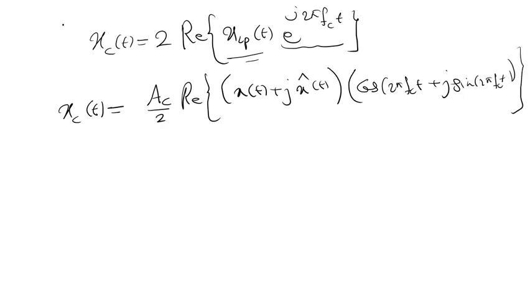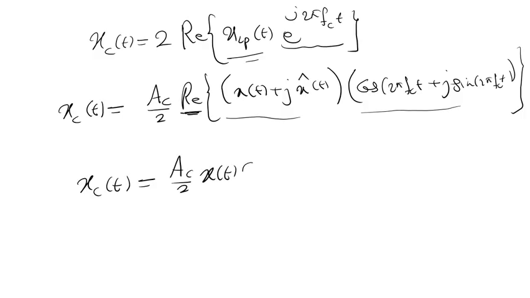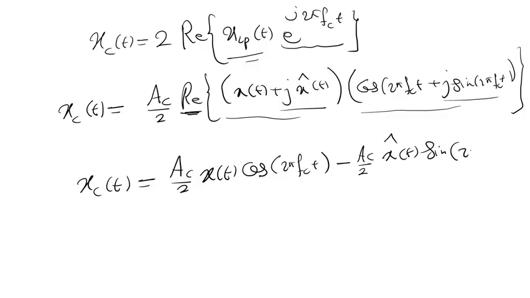We can multiply this term by this term and we have 4 terms, but only 2 terms are real. Finally, we will have A_c over 2 x(t) cos(2π f_c t) minus A_c over 2 x hat(t) sin(2π f_c t).